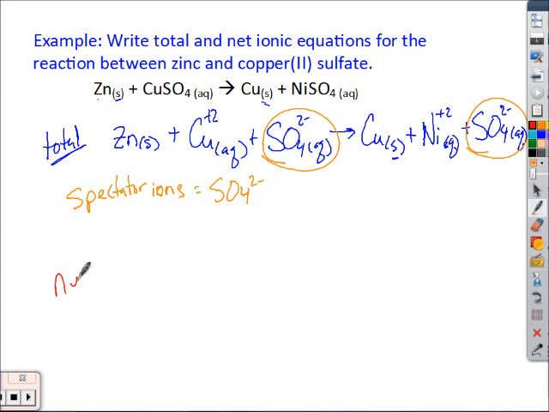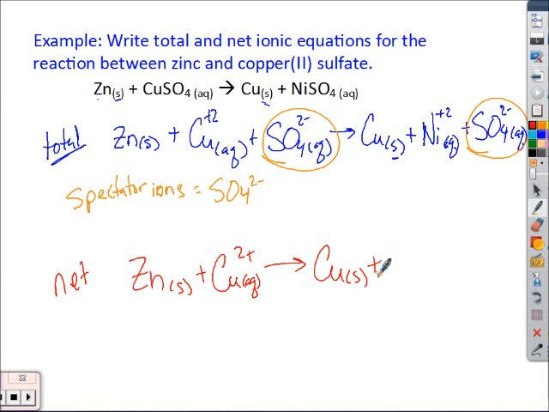So the net ionic equation shows that zinc solid plus copper 2+ aqueous turns into copper solid plus, I think this is supposed to be zinc. I don't know why my zinc changed to nickel. So it turns into zinc 2+. And this is aqueous. So this would be a net ionic equation.